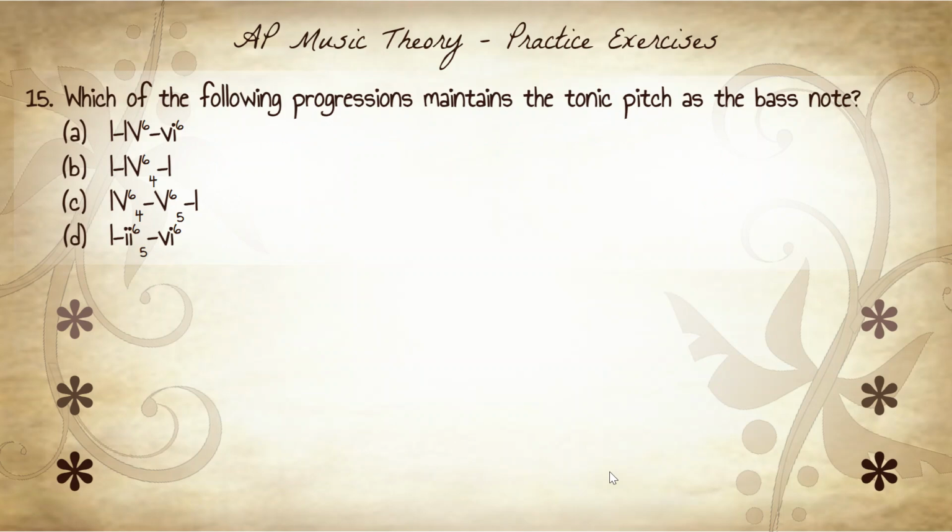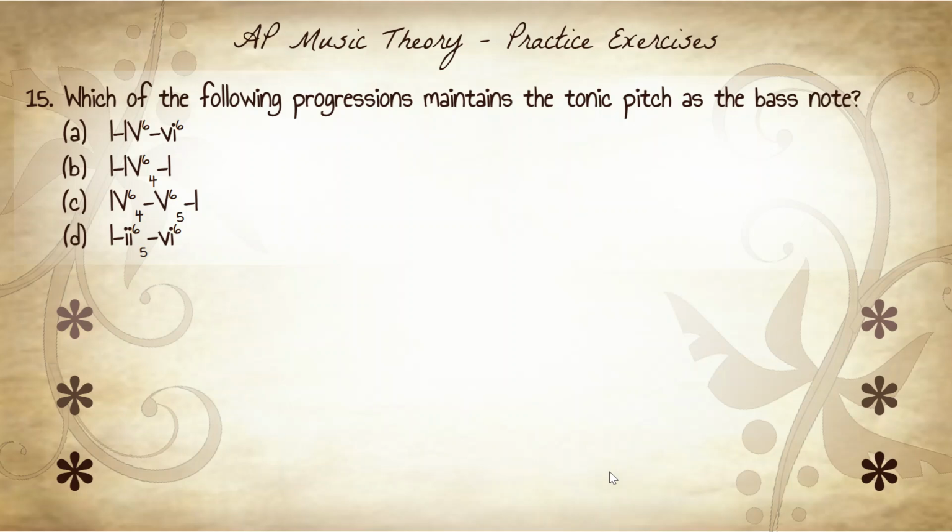Question 15. Which of the following progressions maintains the tonic pitch as the bass note? Is it A, the tonic to subdominant first inversion to submediant first inversion? Is it B, the tonic to subdominant second inversion to the tonic? Is it C, subdominant second inversion to dominant seventh first inversion to tonic?